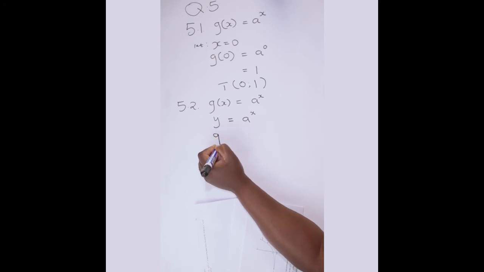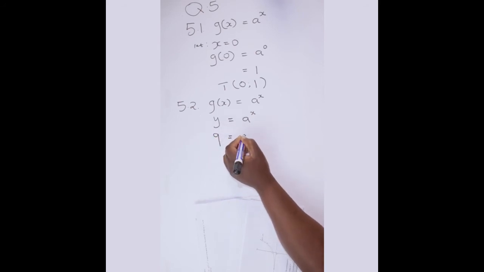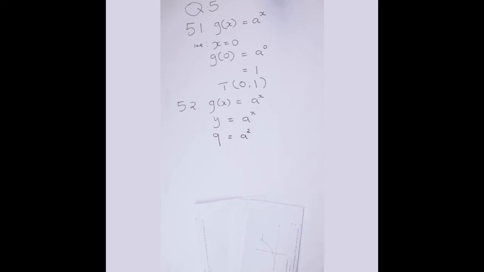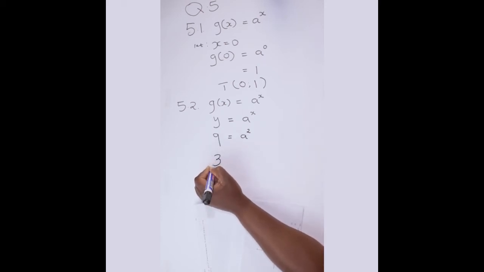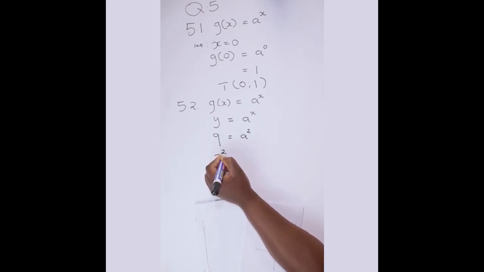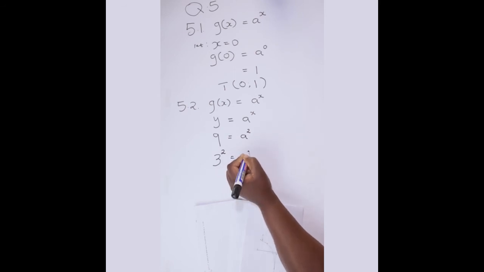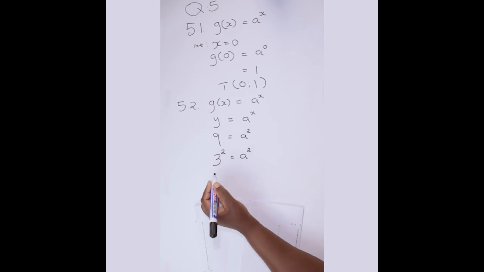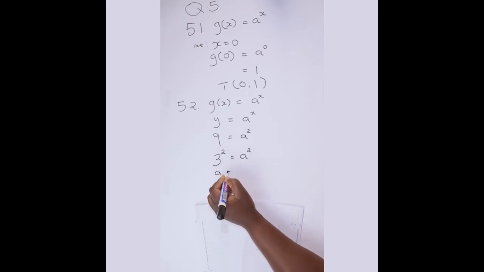Our y becomes 9, which will be equal to a^2. Now we need to write 9 so that it has the power of 2. So this can be written as 3^2 = a^2. If the exponents are the same, we ignore them and focus on the bases.